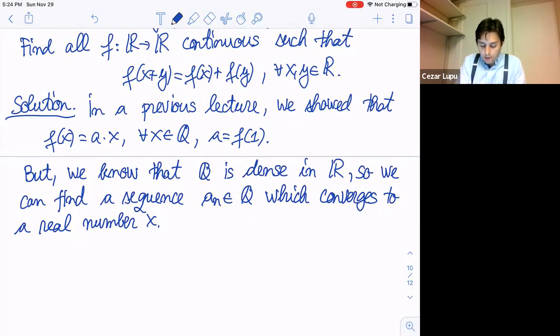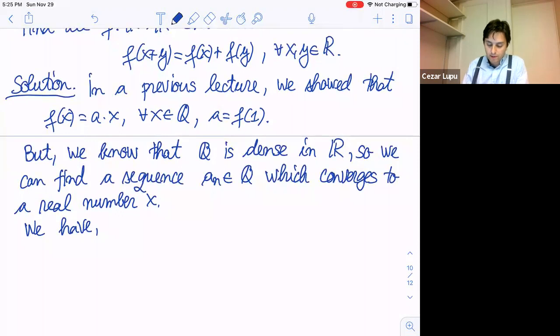And now let's look. Let's be careful now. f of a_n, we know that this is a times a_n, right? And now we would like to take the limit as n approaches infinity.